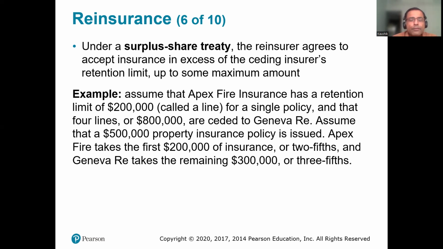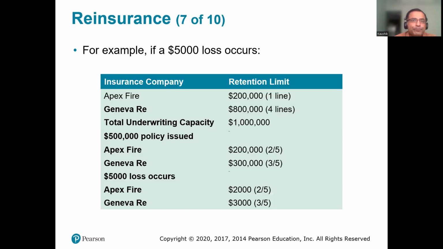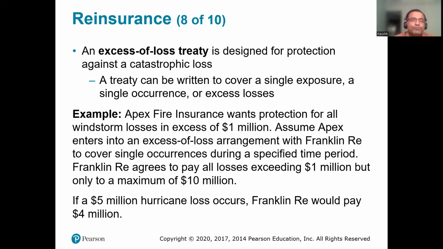So if there is a 500,000 property insurance to be provided, 200,000 of the insurance is provided by the ceding company and the rest, 300,000, by the reinsurer. So this is an example of how the policy is issued by the ceding company as well as the reinsurer, and how they distribute the losses whenever they occur.